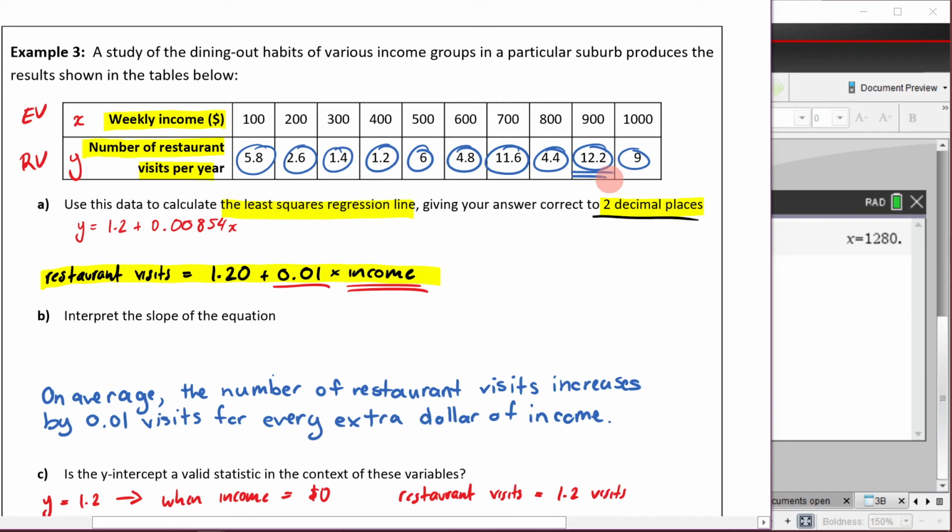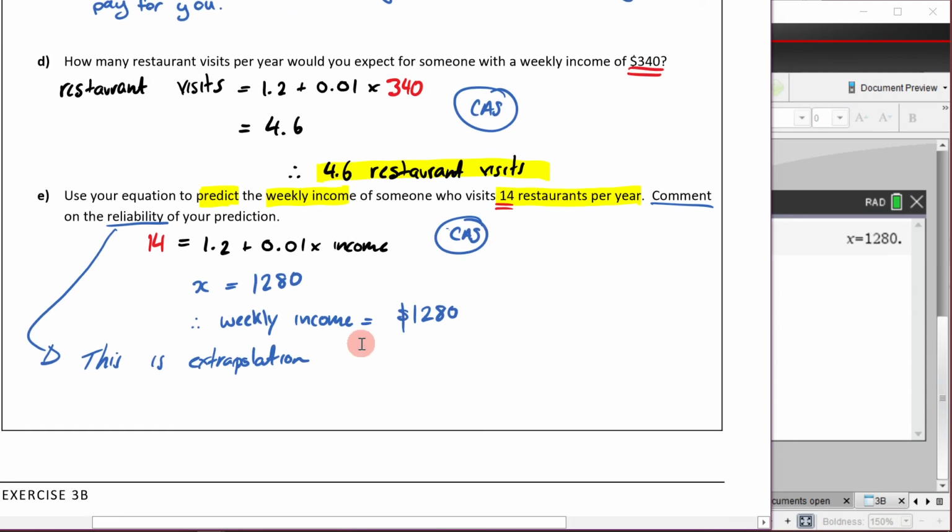I don't get anything at 14 because I wanted 14 restaurant visits and I don't reach 14. So I'm going outside of my data range in making this prediction. Because I'm going outside the data range, this is extrapolation, and therefore not very reliable.